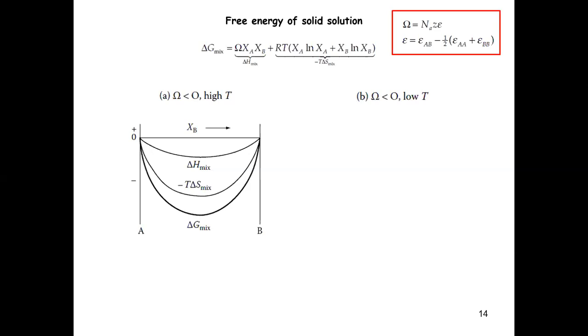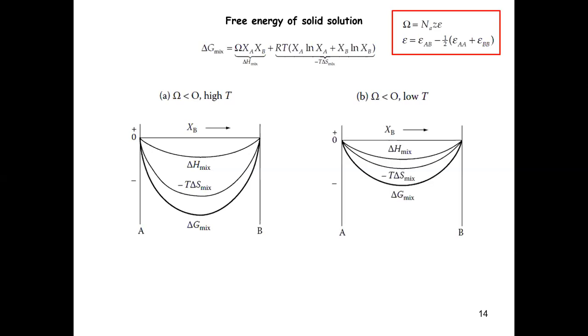Now, how about at low temperature? How will this change the picture? Will the temperature change the plot for delta H mix? It still favors mixing, and it has nothing to do with delta H mix, right? But it does bring up the contribution from delta S mix a little bit, because the temperature now is smaller in magnitude, right? The low temperature is smaller.